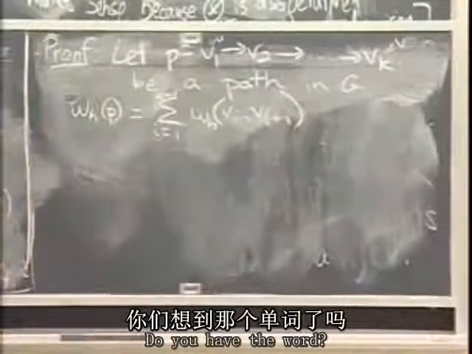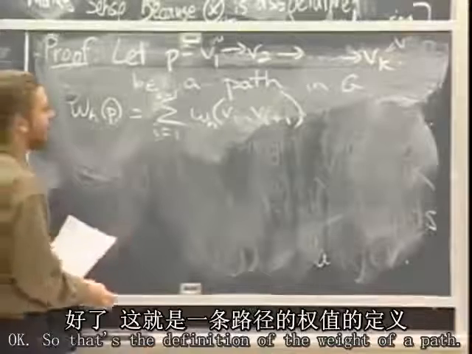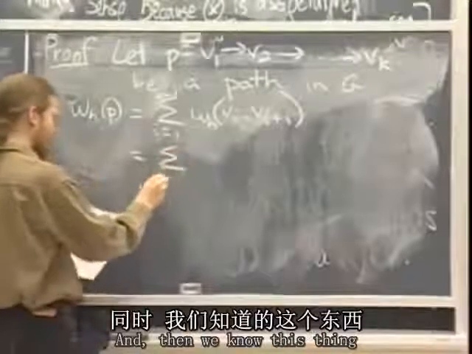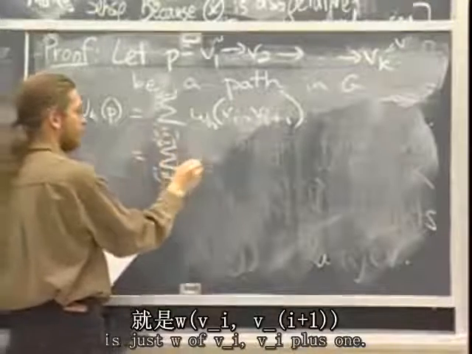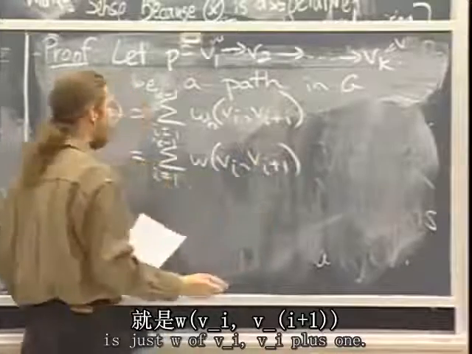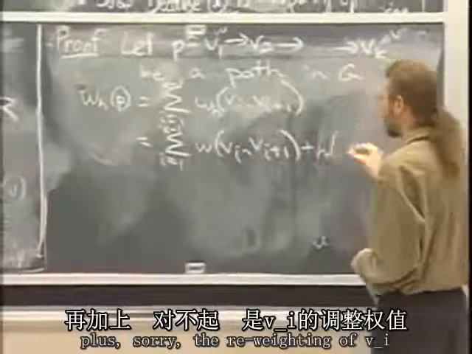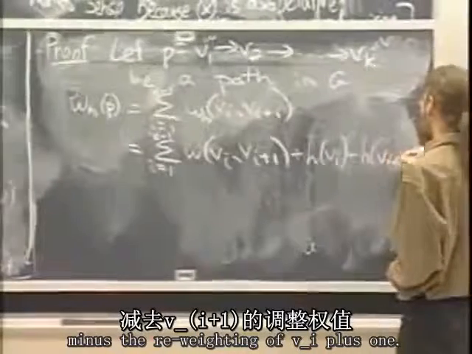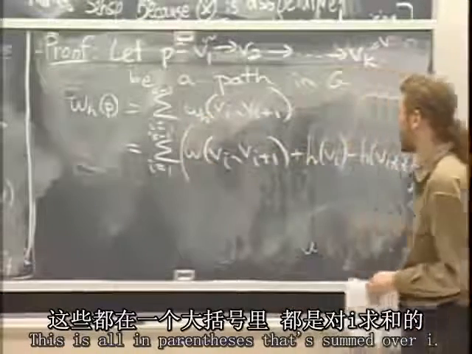You have the word? No? Tough puzzle then. So that's the definition of the weight of a path. And then we know this thing is just w of (v_i, v_{i+1}) plus the reweighting of v_i minus the reweighting of v_{i+1}. This is all in parentheses. It's all summed over i.